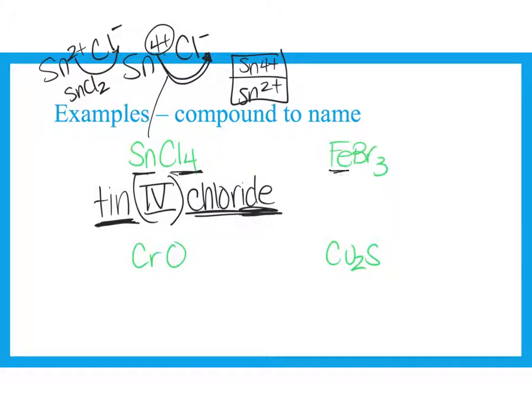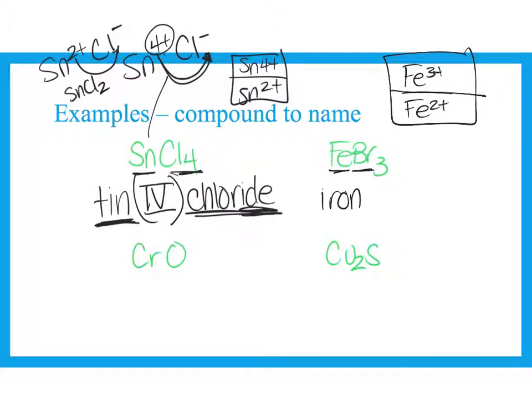Okay, next is FeBr3. So Fe can be Fe3 positive or Fe2 positive. Again, to be a detective, I look at what number is over here. I think about, okay, it could be this combination or it could be this combination.